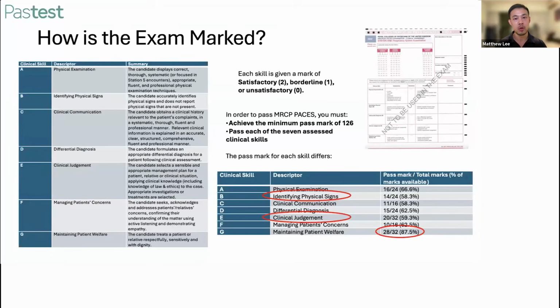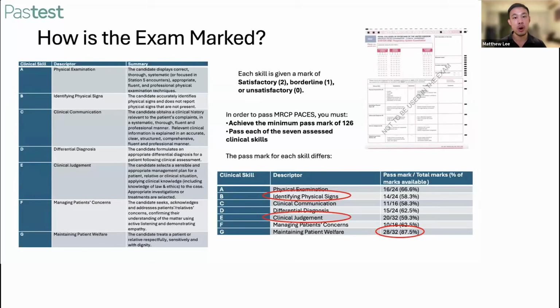The other important thing to note is that for these 2, but also all of the other skills, aside from maintaining patient welfare, which I'll go through shortly, there is a bit of leeway for passing, essentially. So for example, for skill B, identifying physical signs, you only need to score 14 out of 24, which is only 58% to pass the overall clinical skill.